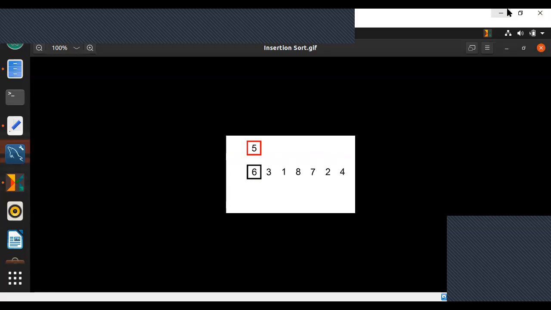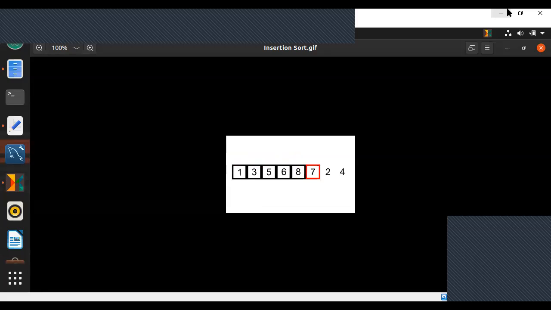So merge sort, yes, to answer the question, merge sort does follow divide and conquer. We will see how to solve it further on. So in insertion sort, in this case, the first three elements are sorted. You're taking the fourth element and inserting it in the sorted first three element array. Once that is done, you're taking the fifth element and inserting it in the sorted array.